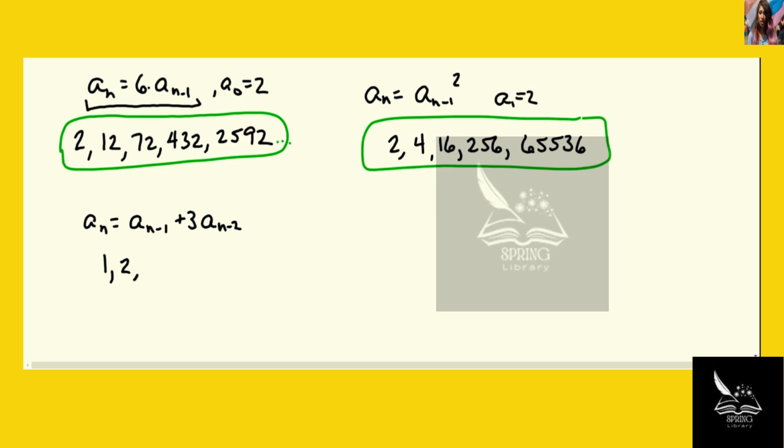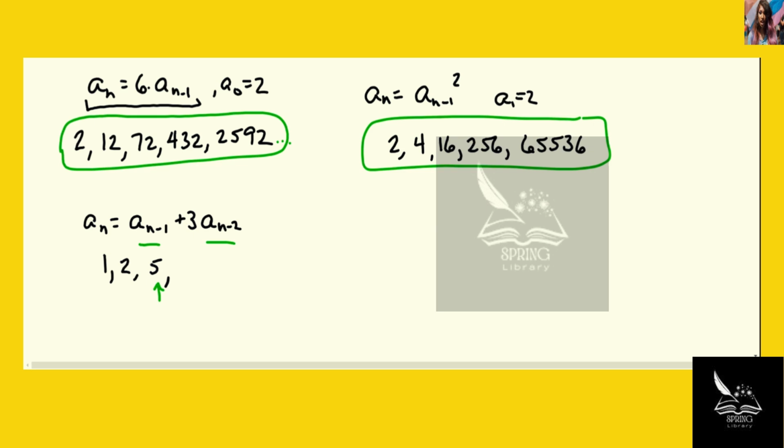The reason they've given us 2 is because this recursive definition looks at the prior 2 terms. So to get a sub 2, I'm going to take a sub 1, plus 3 times the 2 prior one, a sub 0. So 2 plus 3 times 1 is going to be 5.